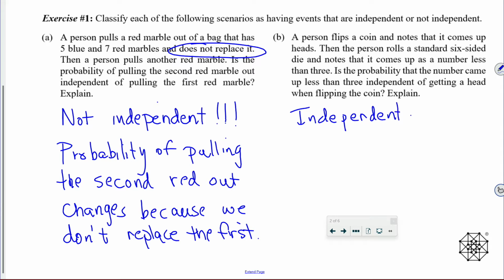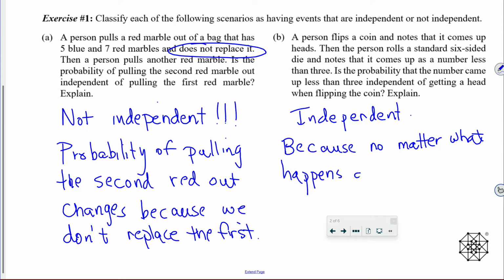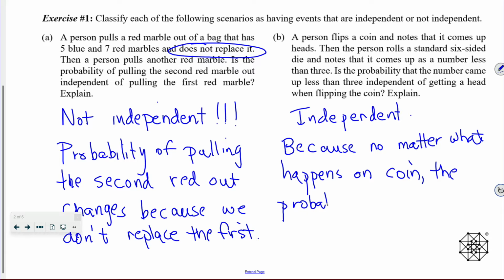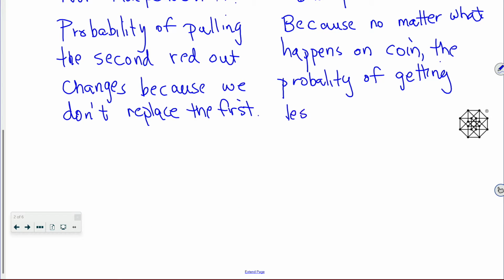All right, and it's independent because no matter what happens on the coin, the probability of getting less than a 3 is 2/6.